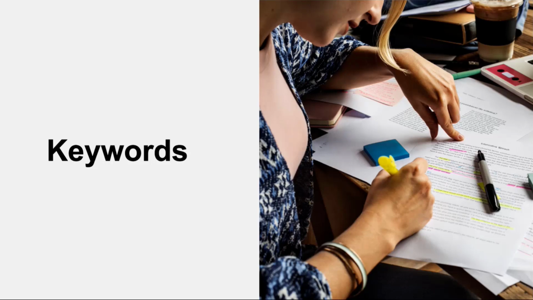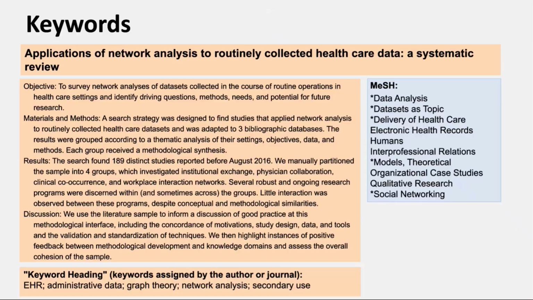Might it be plural? Might it be past tense or present tense? Might there just be really important acronyms that people use instead of the whole term? Those kinds of things.